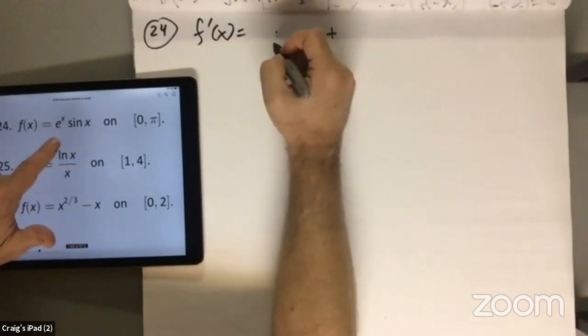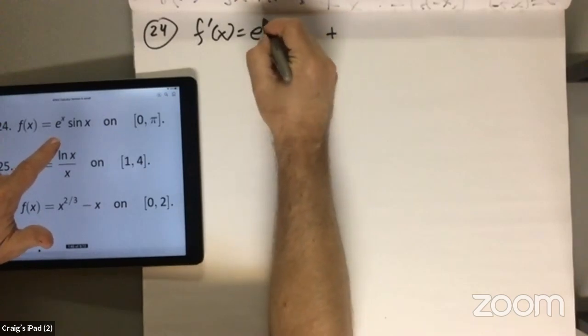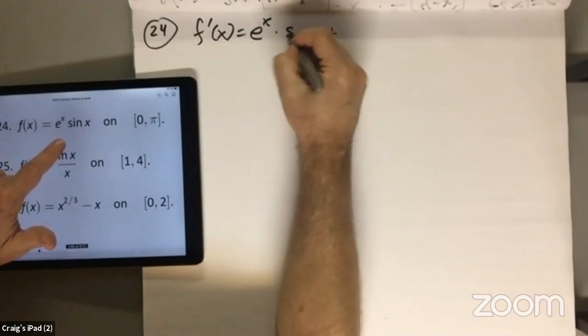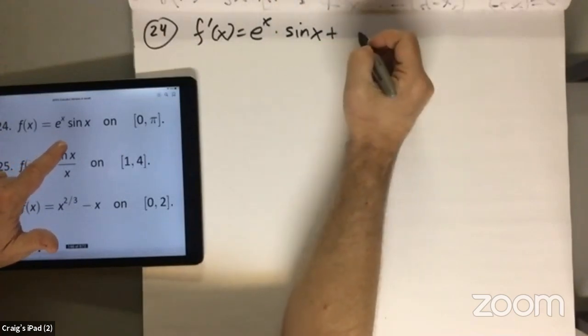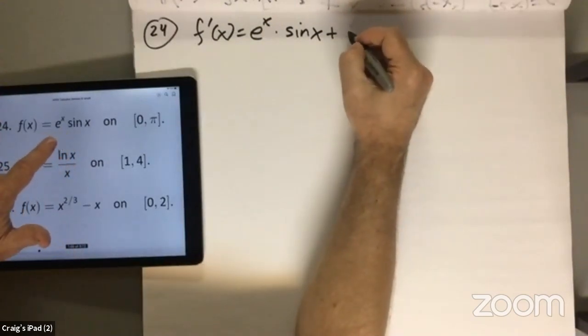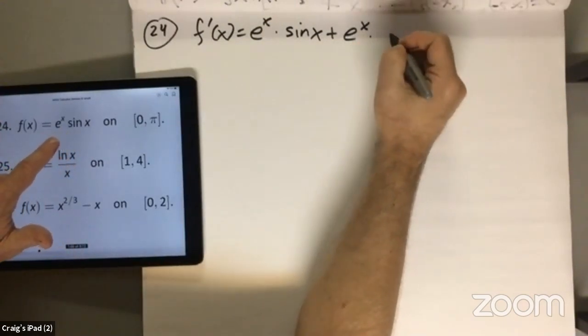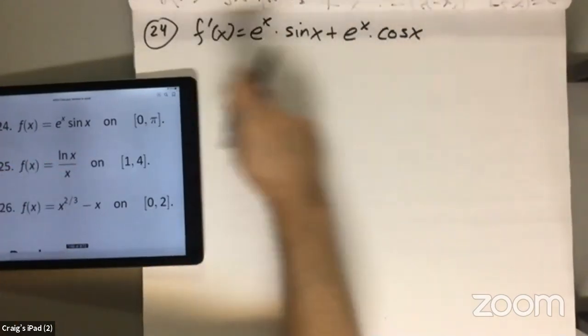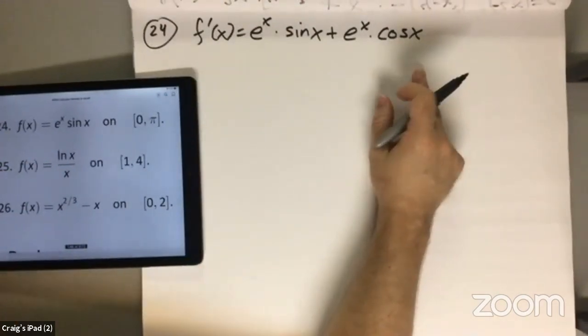Nothing happens to e to the x. It's the function whose derivative is itself. Now I don't touch the second one. Plus, now I leave the first one alone and I differentiate the second one. And that's our derivative. So we've used the product rule on that.